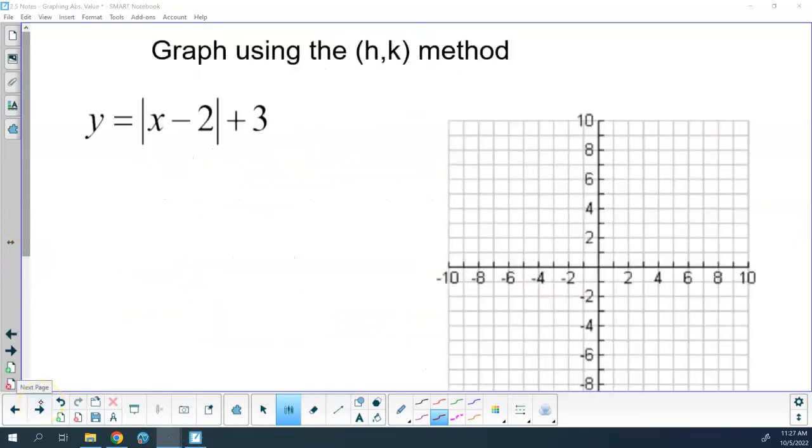So yes, I know it's the exact same problem that we just did, but we're going to do it again, now this time with the (h, k) method. Okay. So when I'm looking at this function, which you've already graphed above, please graph it again on the second graph. I look at this number here, and that's my h. I look at this number here, and that's my k. But on this one, I think opposite.